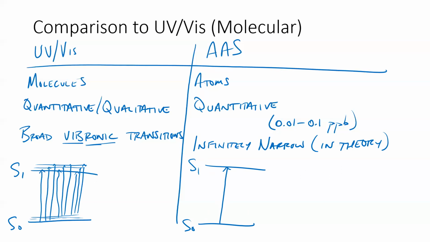The S1 has a very well-defined energy. And so that energy transition should be exactly a certain energy for every atom, for every element. And so in theory, again, this should be infinitely narrow. And it turns out that it is very narrow, but maybe not infinitely. We'll come across a few more differences, especially in instrumentation, but in technique and in theory, these are the main differences that we see between UV-Vis and AA.